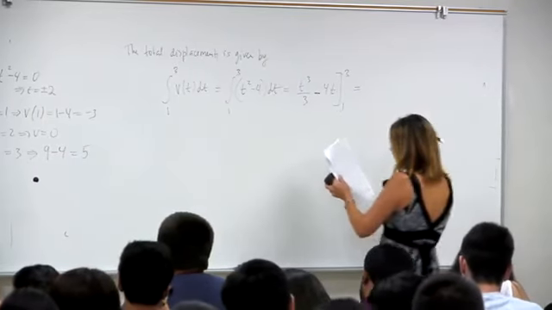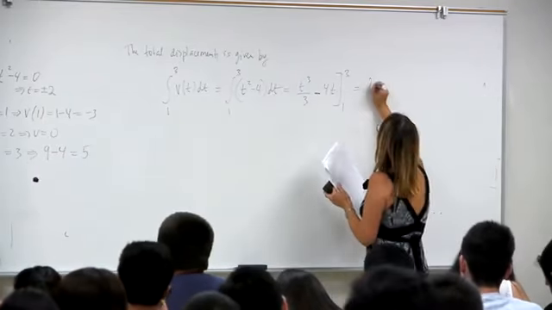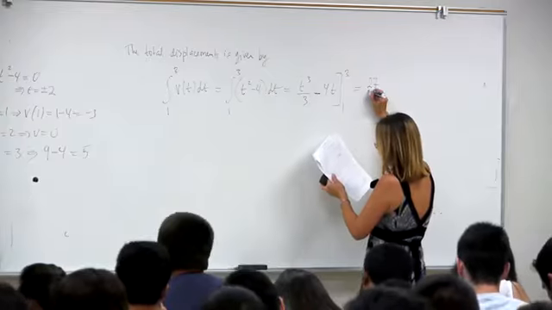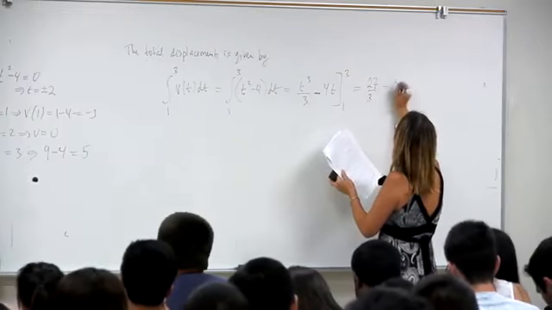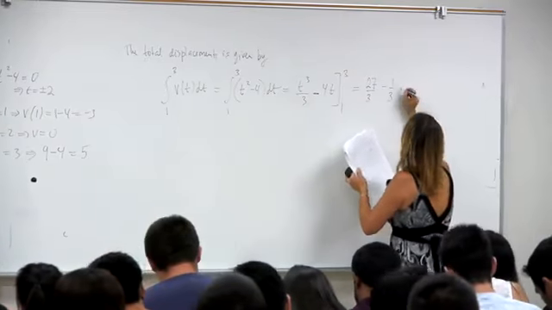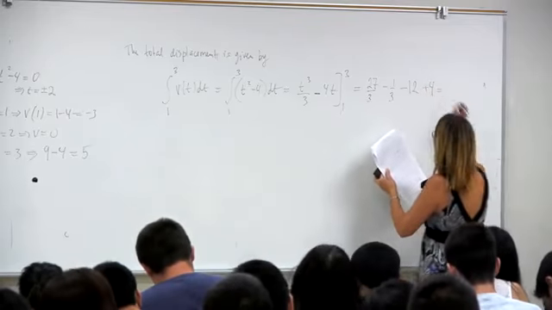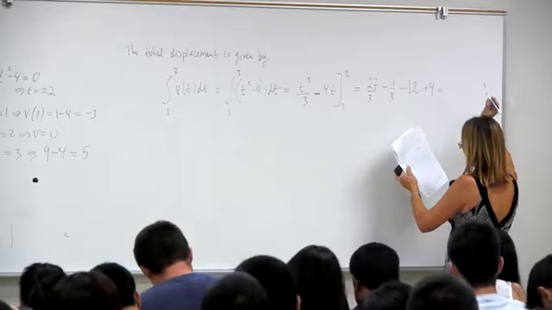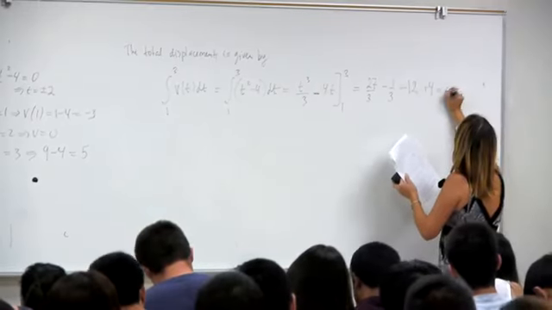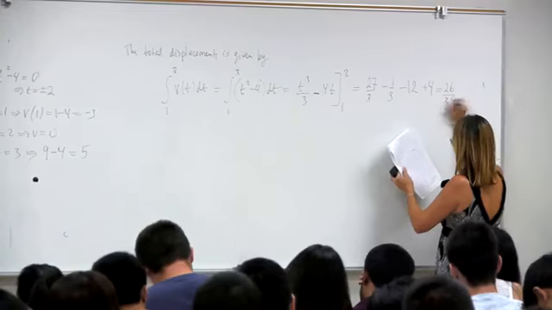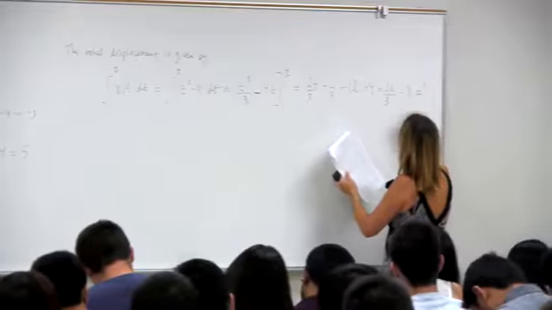Okay. So we have 27 over 3 minus 1/3 minus 12 plus 4 is equal to 26 over 3 minus 8.